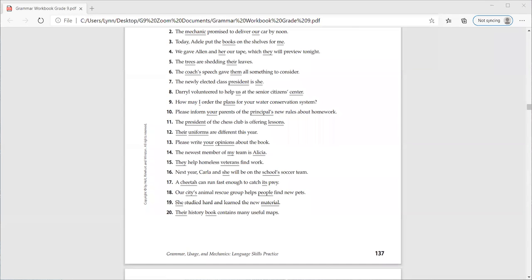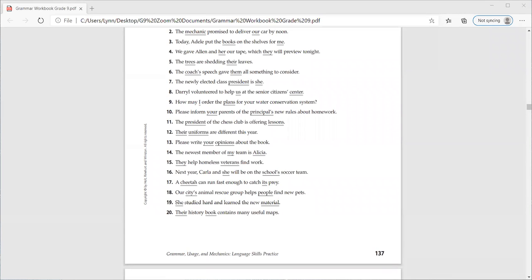Number 16, she is nominative and schools is possessive. Yes. Number 17, cheetah is nominative and it is possessive. Correct. 18, cities is possessive and people is objective.